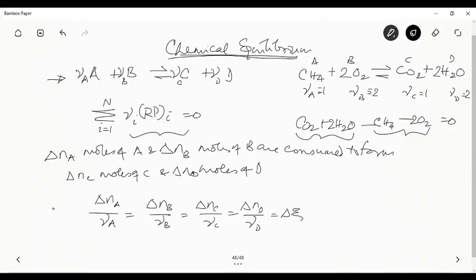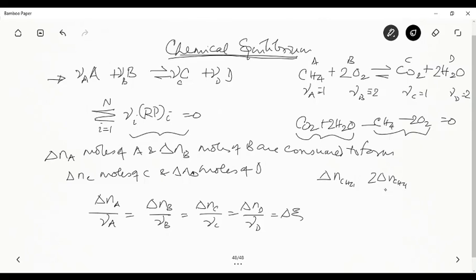Okay. So then for every delta NA moles of A consumed, delta NB moles of B will be consumed so long as delta NA by nu A is equal to delta NB by nu B, right? You can take an example from here. So if delta NCH4 moles of CH4 are consumed, accordingly 2 delta NCH4 moles of O2 will be consumed.